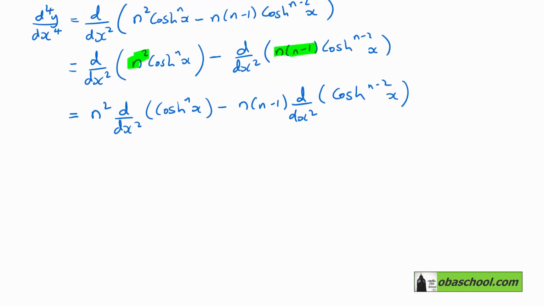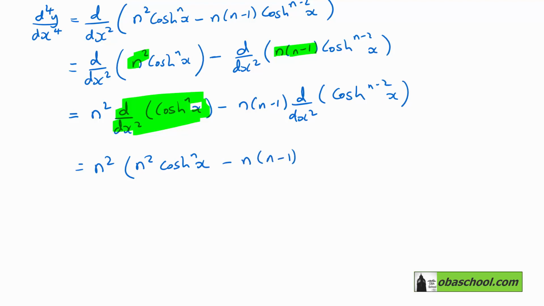Now, this part is just what we did before. So what we have is n squared cosh nx, take away n minus 1 cosh n minus 2x.